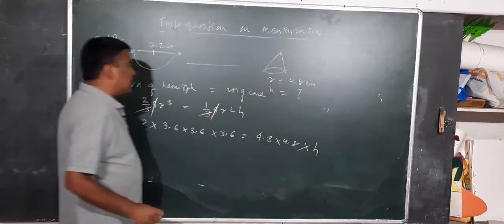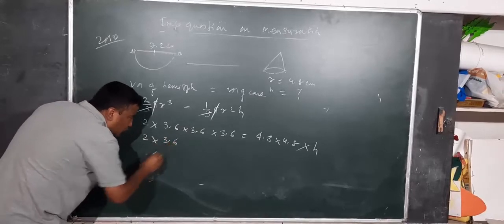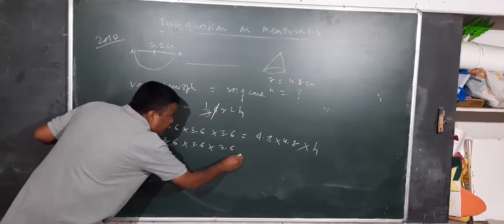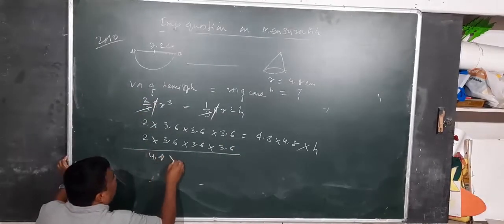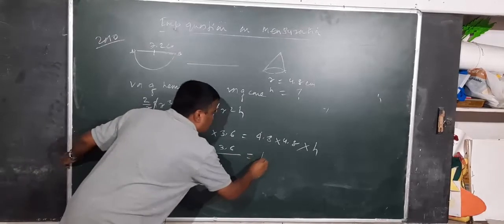Height is unknown. Now, no need to multiply. 2 into 3.6 into 3.6 into 3.6 divided by 4.8 into 4.8 equals to height.